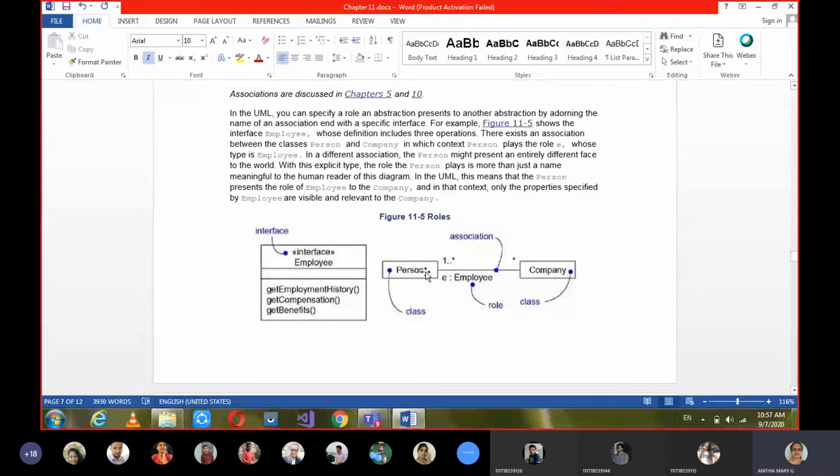And one or many employees will work in many companies. So that is the relation. The behavior of an entity participating in a particular context, we call it a role.